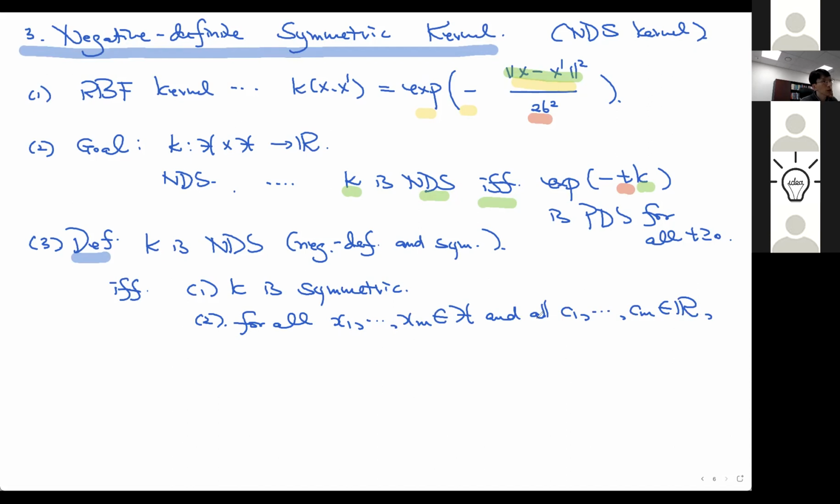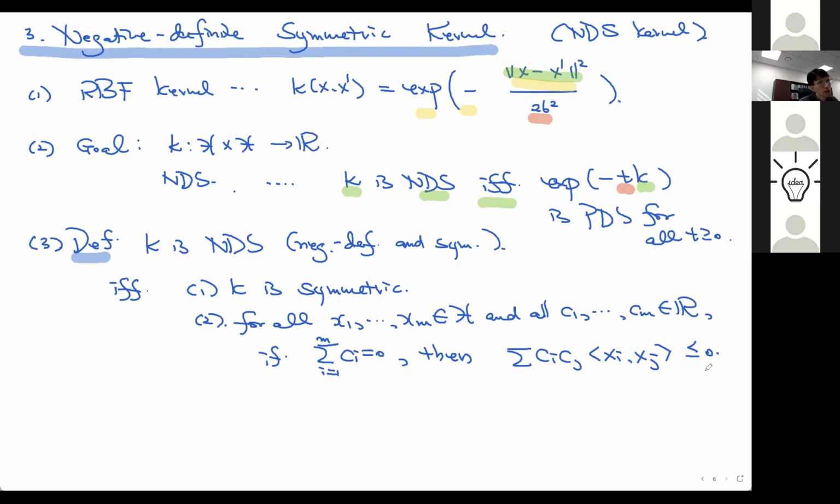So far very similar to the positive definite property, but here's the difference. If the summation of ci is equal to 0, then the sum of ci cj K(xi, xj) becomes negative, meaning less than or equal to 0.